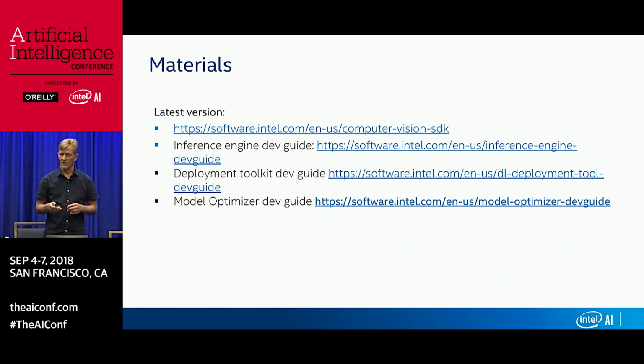And I forgot to say it's free, and some of the parts are already open source, like model optimizer. Some of the parts of inference engine will be open sourced in the near future. So welcome and good luck.